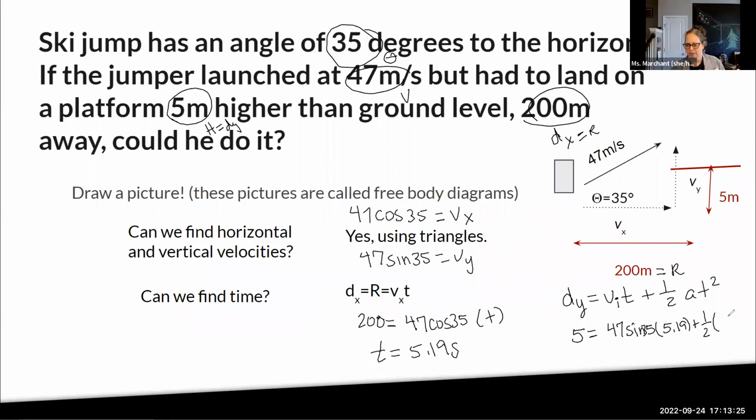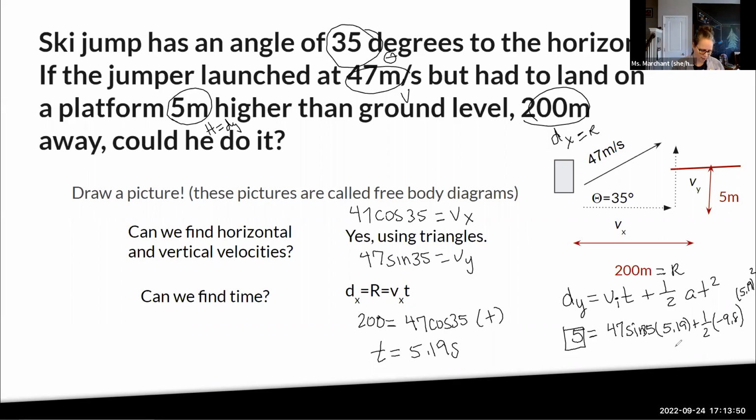That's going the opposite direction, 9.8 times t squared, 5.19 squared. Okay. Now, when I do this problem, you're like, wait, there's no variables left. I am verifying that I would land at 5 meters. So if I get something else, I know that I'm not quite in the right place.